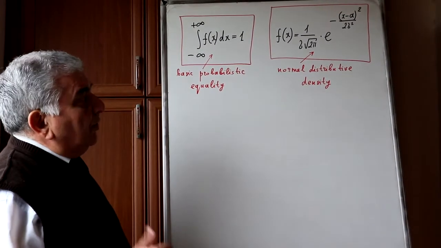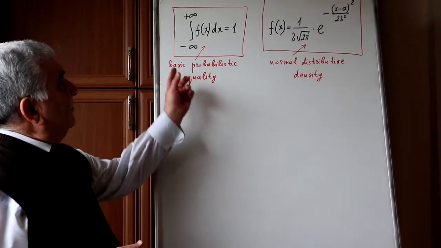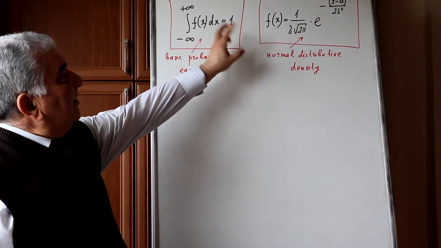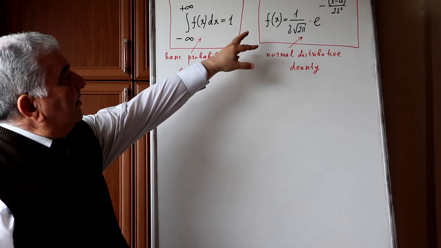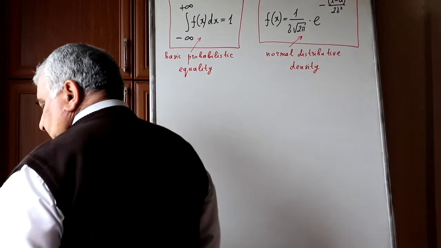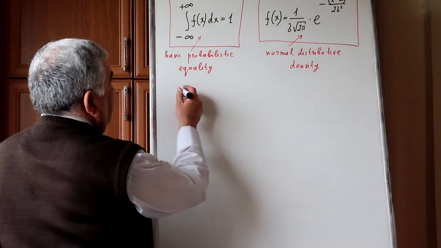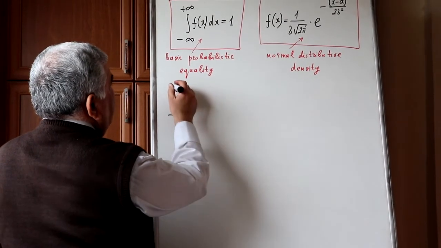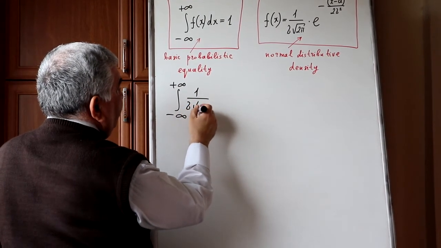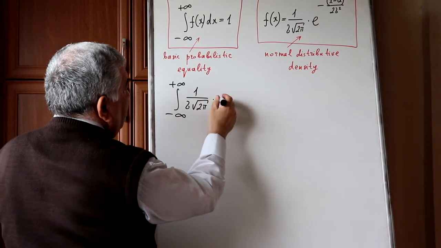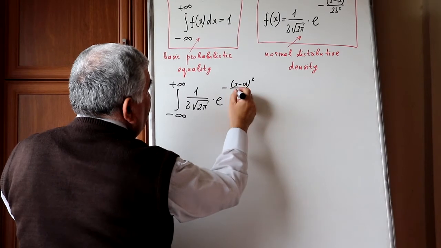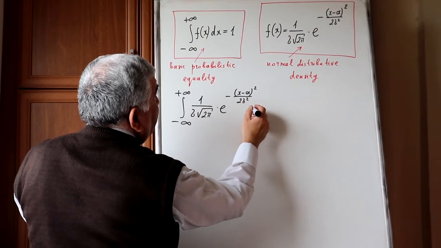Then continue, and now verify the basic probabilistic equality for the normal distribution density. Here substitute the expression of f of x into this integral. Integral from minus infinity to plus infinity of 1 over sigma square root of 2 pi multiplied by e raised to minus x minus a squared over 2 sigma squared dx.